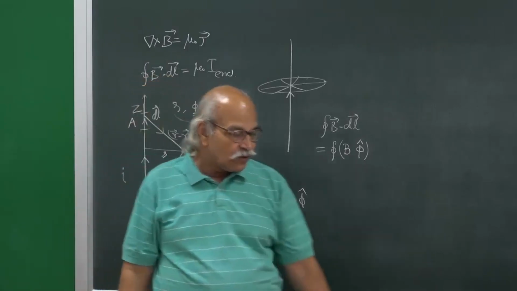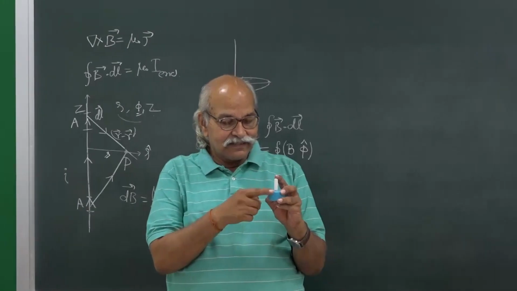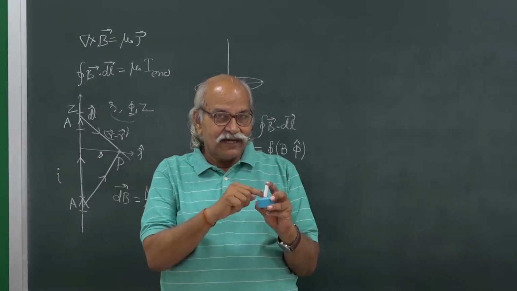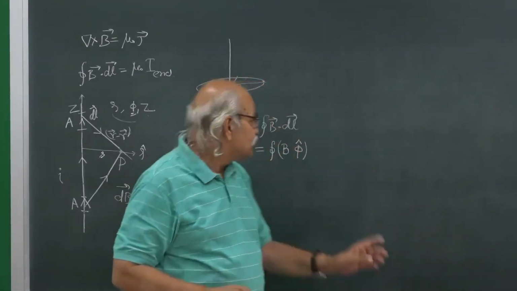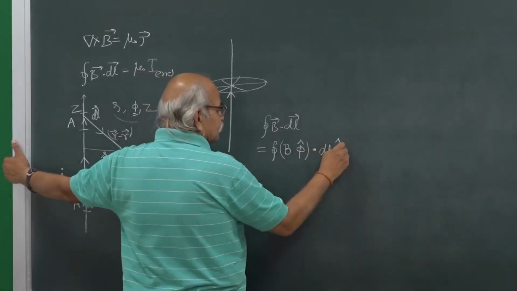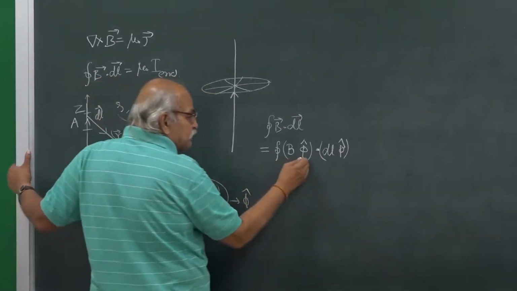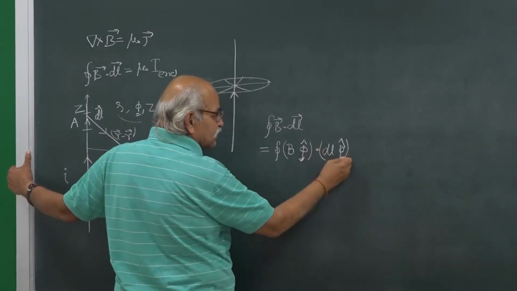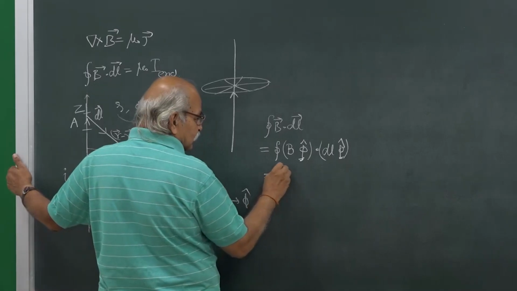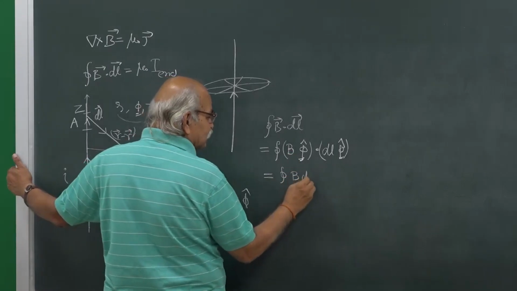So dl vector I can write as dl times phi cap. Then phi cap dot phi cap is 1, since they are unit vectors, and so we get magnitude of B times magnitude of dl.